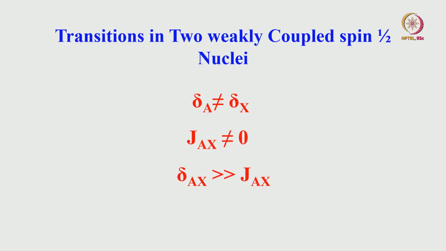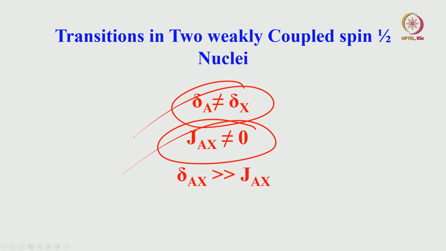Let us consider the example of 2 spin half nuclei where coupling is there, that means JAX is non-zero and the chemical shift is not the same. They are not equivalent spins, chemical shifts are different, coupling is non-zero, and I assume the chemical shift difference between A and X is sufficiently larger than JAX.